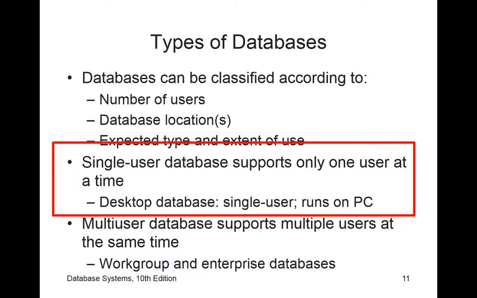Single user databases support only one user at a time and run on a single desktop on a PC. I'm a little prejudiced because I knew Access back in the old days, but Access has never really been a good multi-user database.